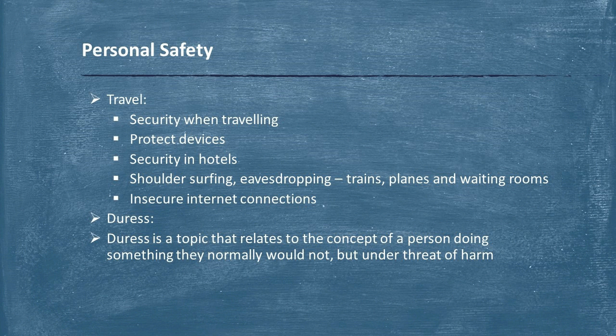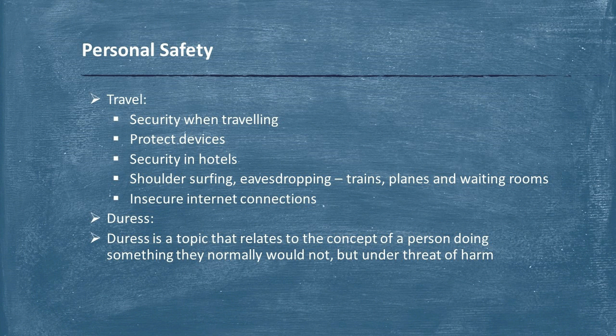They should take care of company properties. Also, shoulder surfing and eavesdropping are possible in trains, planes and waiting rooms. One should be aware of such acts and protect information as much as possible.